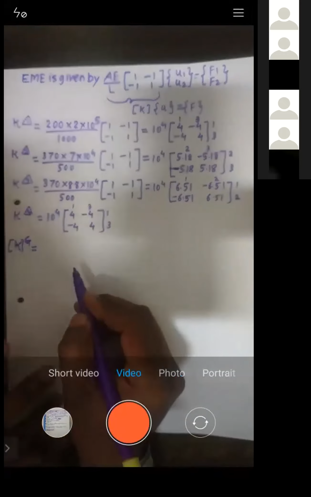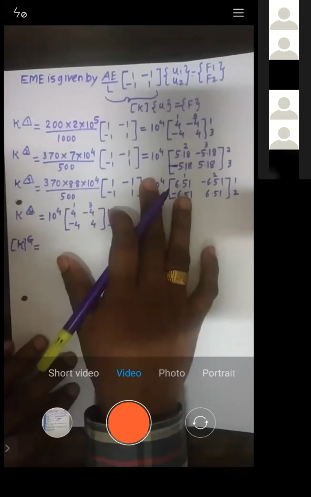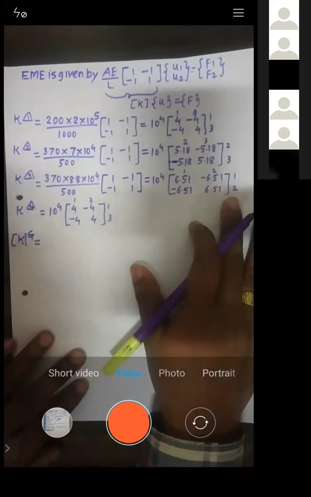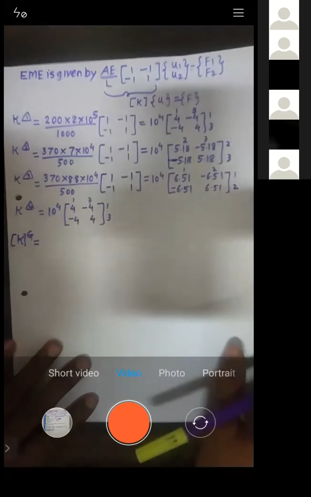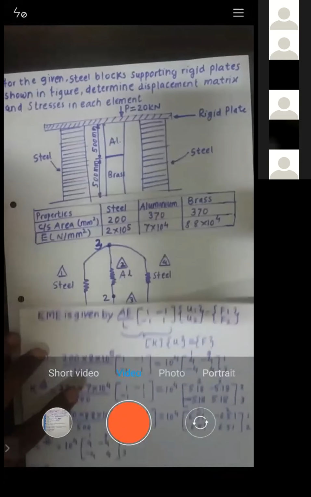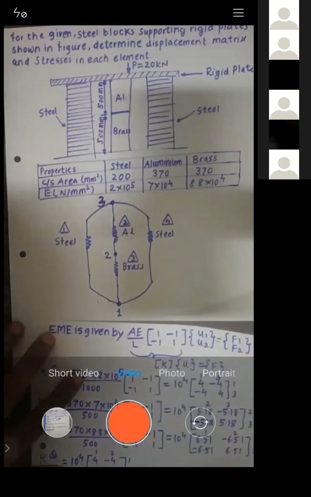Before forming the global matrix, you try to get its size. The size of the global matrix will be determined by the number of nodes.